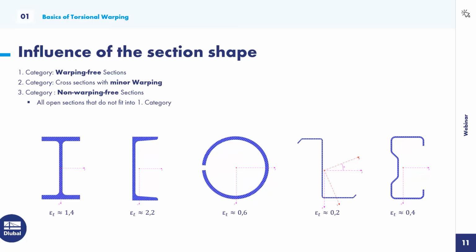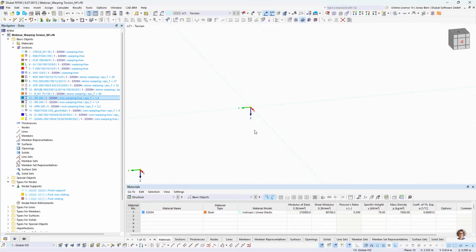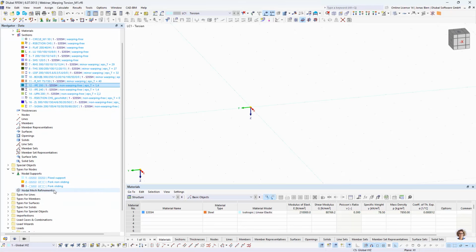Therefore, I will now jump into the program with you. So let's just go into our model, to RFEM again. We have here an empty model, more or less. We have the sections in here, some warping-free, minor warping, and non-warping-free sections that we have just uncovered earlier. We have some nodal supports that I have predefined just to save some clicks.